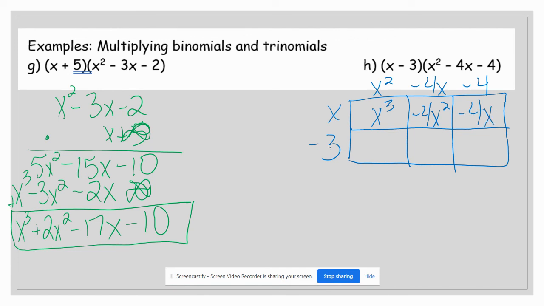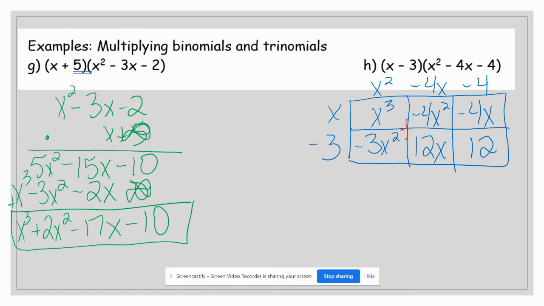Down to the bottom row, negative 3 times x squared is negative 3x squared. Negative 3 times negative 4x is positive 12x. And negative 3 times negative 4 is positive 12.